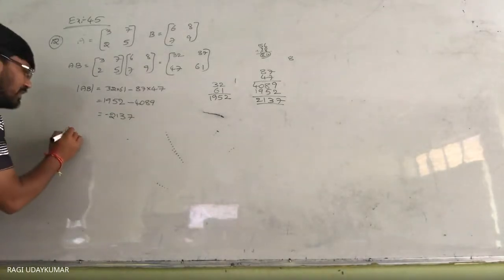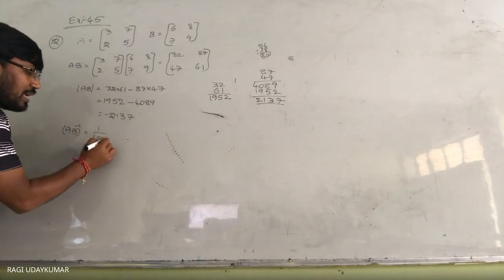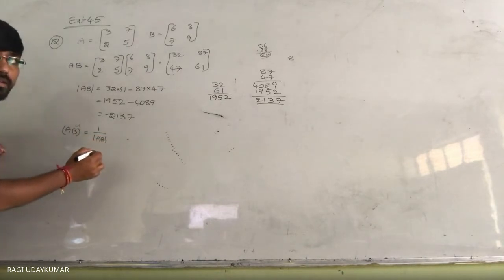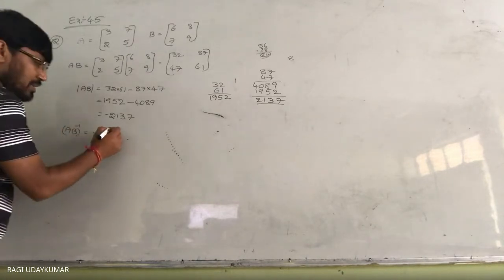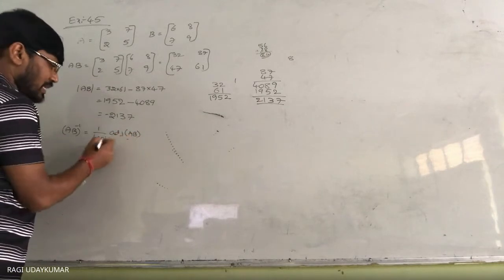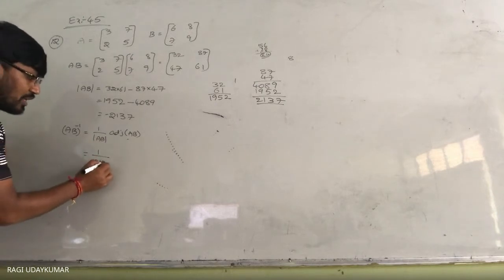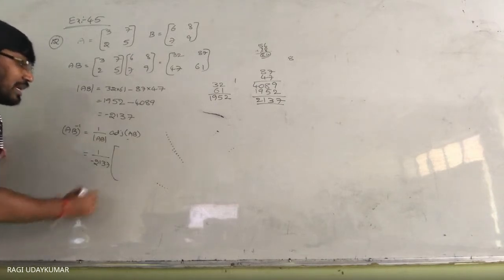So AB inverse is nothing but 1 by determinant of AB into adjoint of AB. What is the adjoint of AB we are going to get here? 1 by minus 2137 into adjoint of AB.